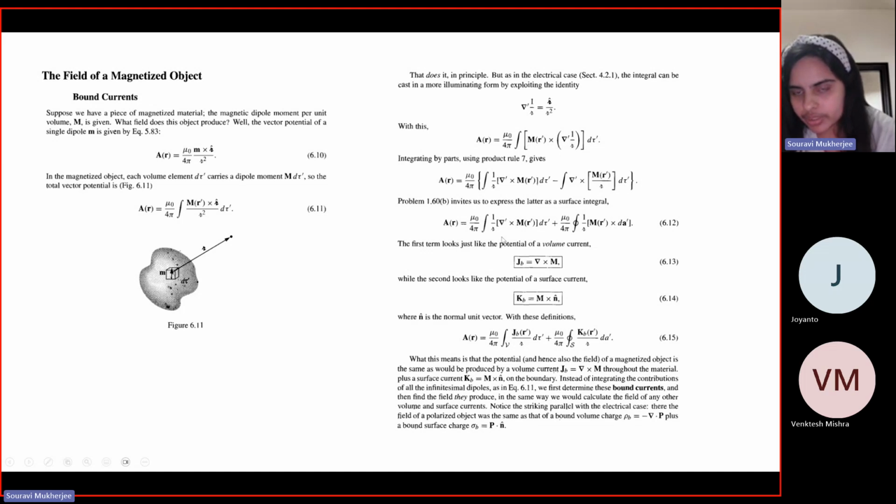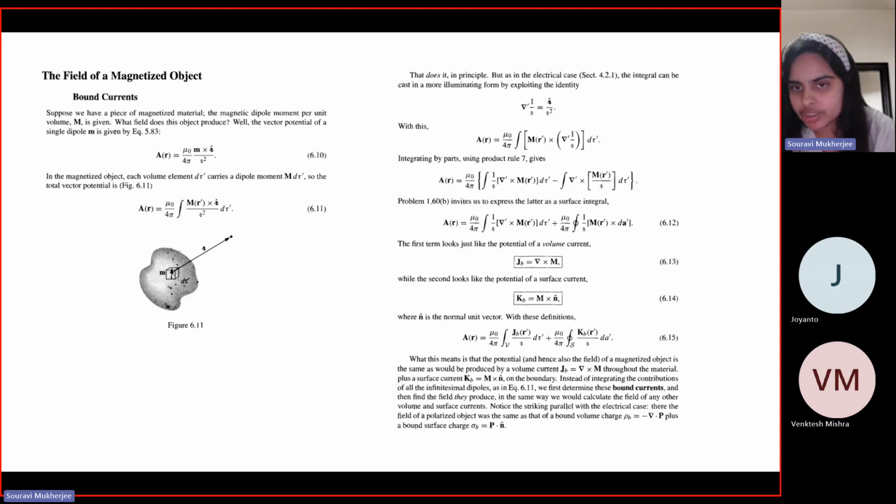Now the first term, as you can see, is nothing but mu 0 by 4 pi times the integration of something over a volume divided by r. So this curl of M that you get here is the volume current that arises because of the magnetic property of your material.